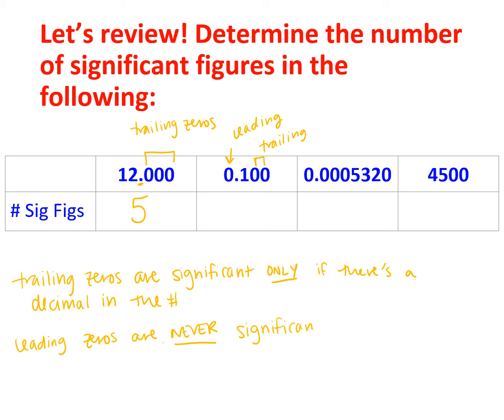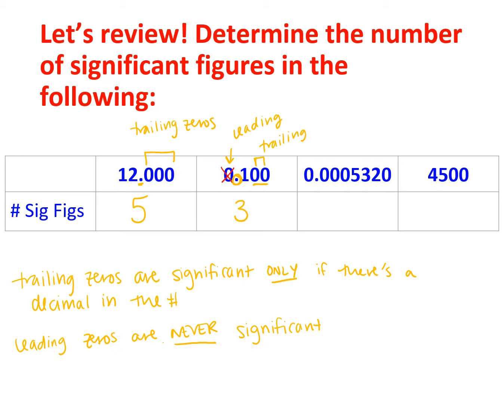They are never ever significant. So anytime you see a leading zero, you can go ahead and put an X through it. That is not going to be a significant figure. But because we do have this decimal in this problem, those 2 trailing zeros are going to be significant based off of the first rule that's written on the bottom of the screen. So this value is going to have a total of 3 significant figures.